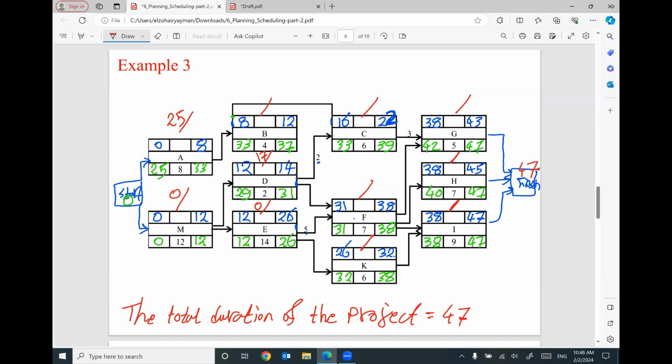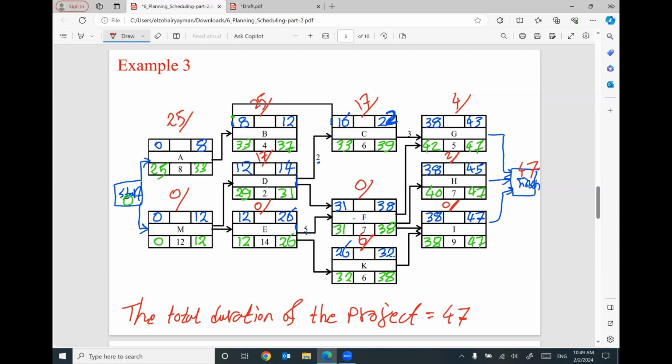This one will be 25. Wow. This one will be, I think, 17 delays or total float. This one will be 0. This one will be 6. This one will be 0. This one will be 2. This one will be 4.